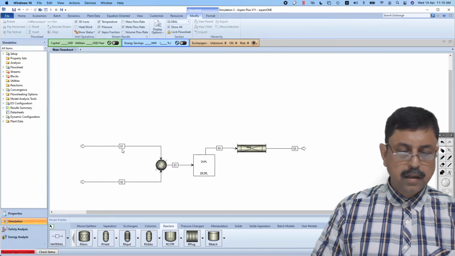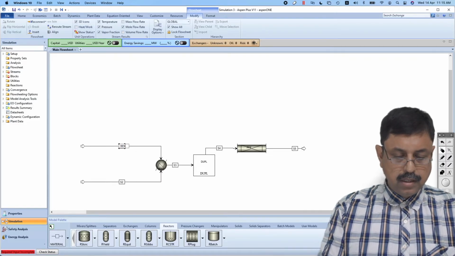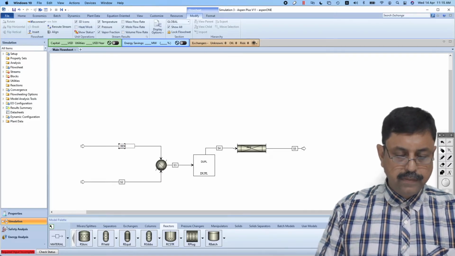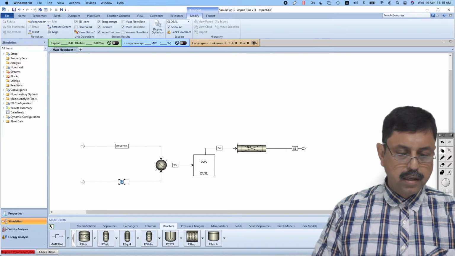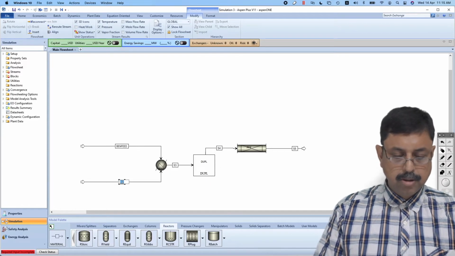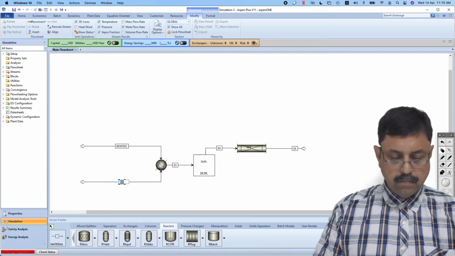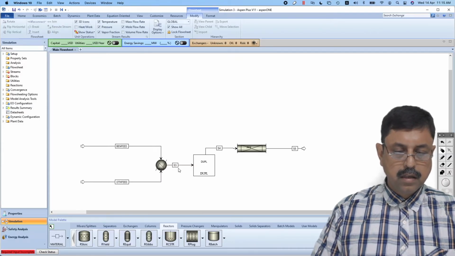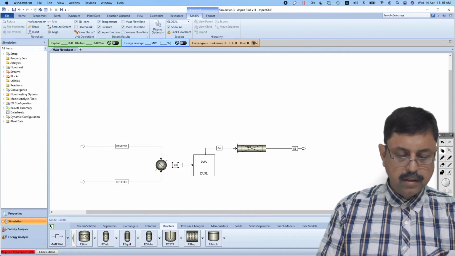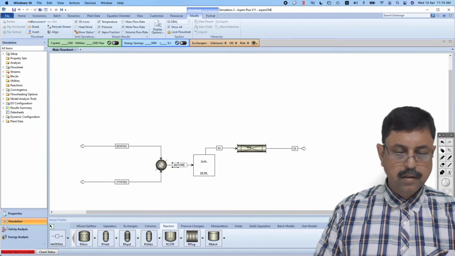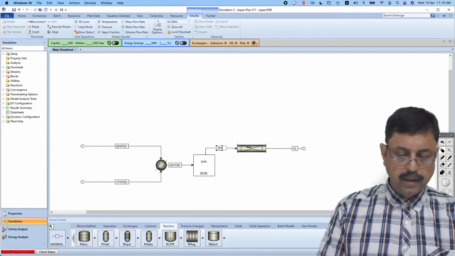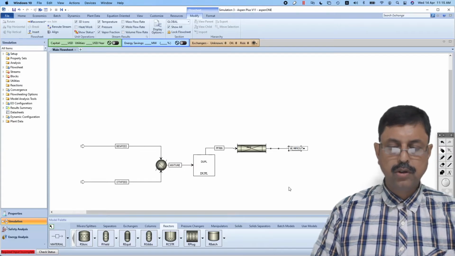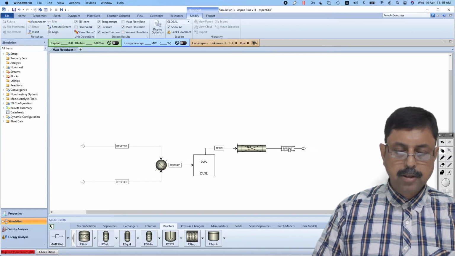Let us write here benzene or ben feed. And this one we can write other feed. This one is mixture. This one is PFR in, and this one is PFR out. So renaming is complete.